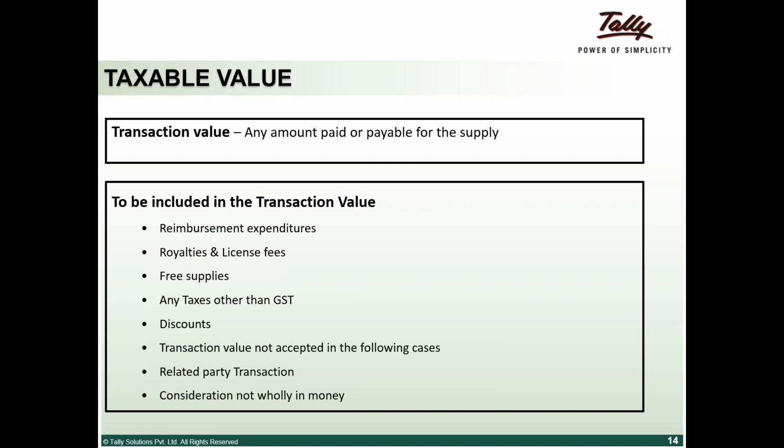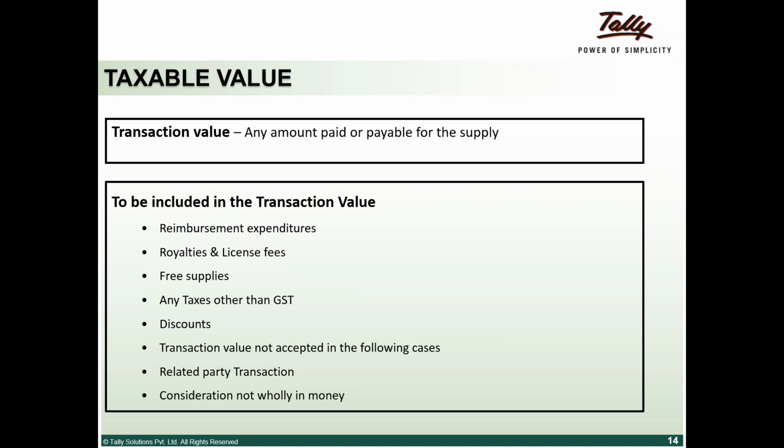Discounts I've added for exceptional cases, which we will deal with separately. Certain predetermined discounts are not added in the transaction value. That is allowed, but if after the sale you come out with any discount schemes, you will not get a benefit for those discounts.